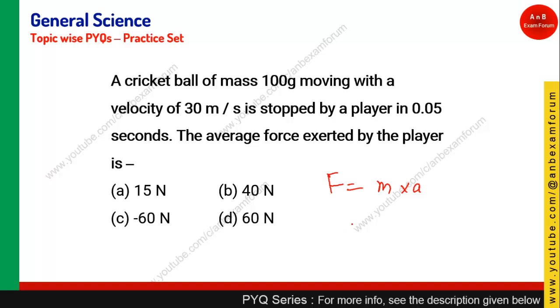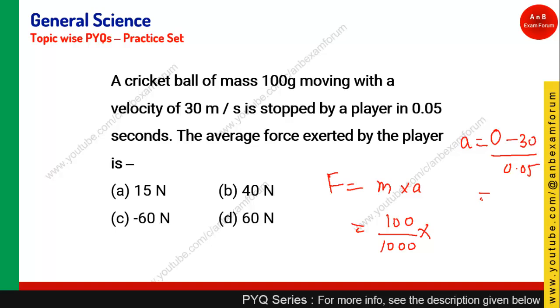What is the mass? 100 gram, so you need to divide it by 1000 to convert into kg. Acceleration you need to calculate: it is v minus u over t. Since the ball is stopped by the player, the final velocity will become 0 and the initial velocity is 30 meter per second, over 0.05 second.